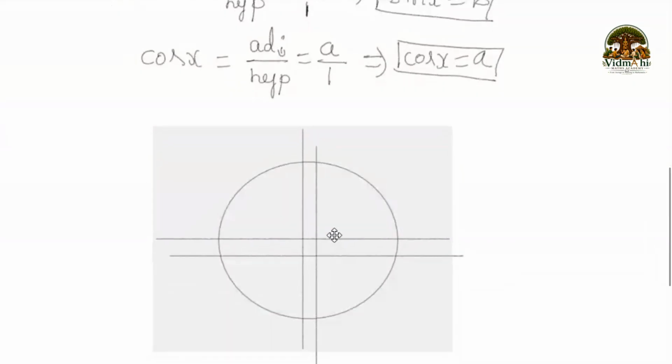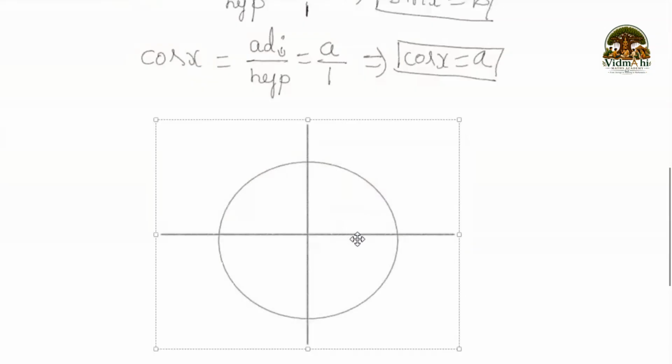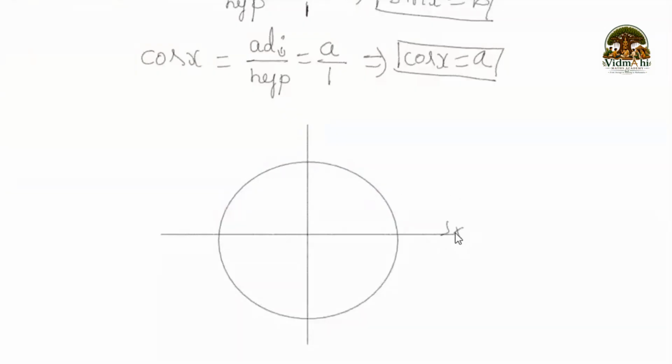So x-axis, y-axis. This is x-axis, this is y-axis, this is negative x-axis, x dash, and negative y-axis, y dash, and a ray.